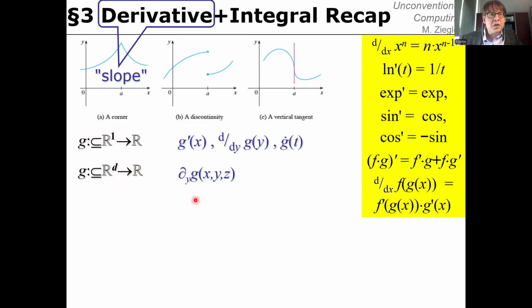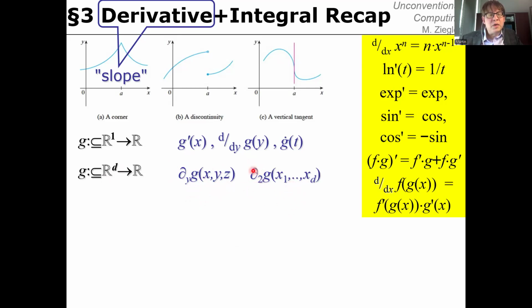Here the terminology is, for example, if we have a function of 3 arguments, x, y, z, then if we want to take its derivative with respect to the second argument, we use this simple partial derivative with respect to y. Or sometimes, if we don't want to use different letters for each coordinate, but just enumerate coordinates x1 to xd, then take, for example, the derivative with respect to the second argument.